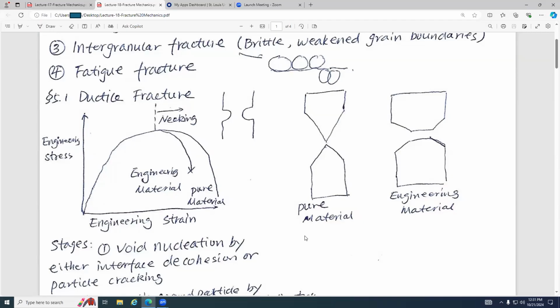Steel, as I said, is an alloy of iron and carbon. Maybe you have other alloying elements, for example, chromium for stainless steel. Usually you will have this kind of fracture surface. This is about 45 degrees. And then after that, you just have a relatively flat breaking surface.